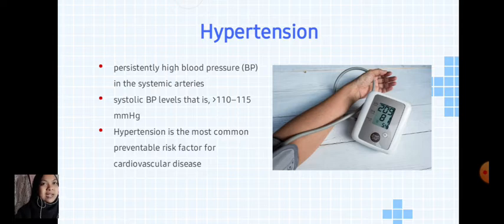characterized by persistently high blood pressure in the systemic arteries. Blood pressure is commonly expressed as the ratio of the systolic blood pressure, that is the pressure that the blood exerts on the arterial walls when the heart contracts, and diastolic blood pressure is the pressure when the heart relaxes.